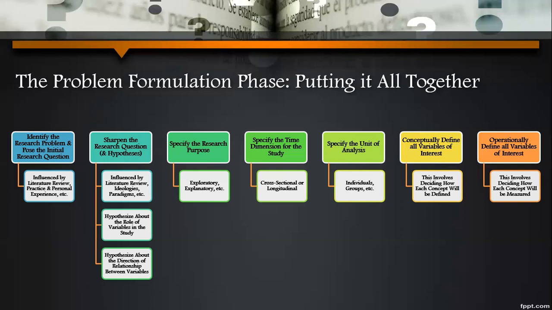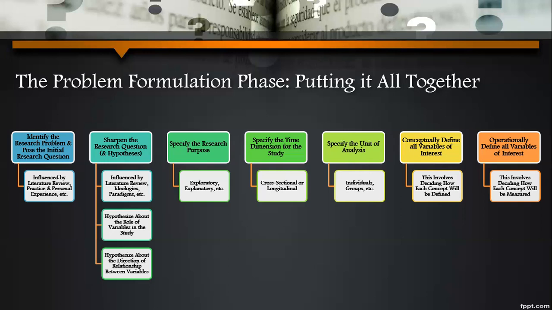And so again, we talked about identifying the research problem and posing the initial research question, and we know that this process is influenced by the literature review. Also, it's influenced by our own practice and personal experience in terms of how we even get to this point of identifying a problem, right?